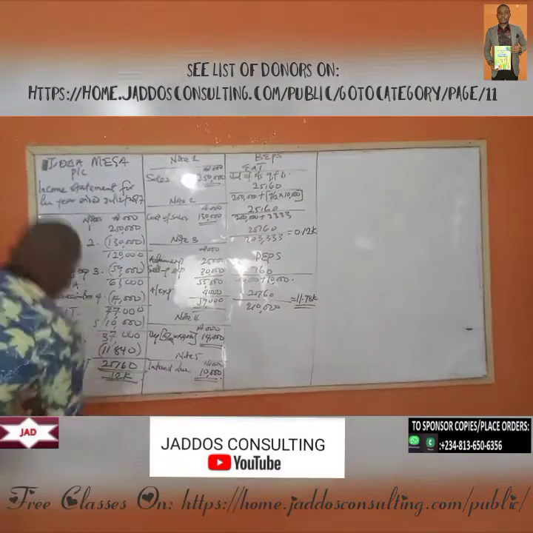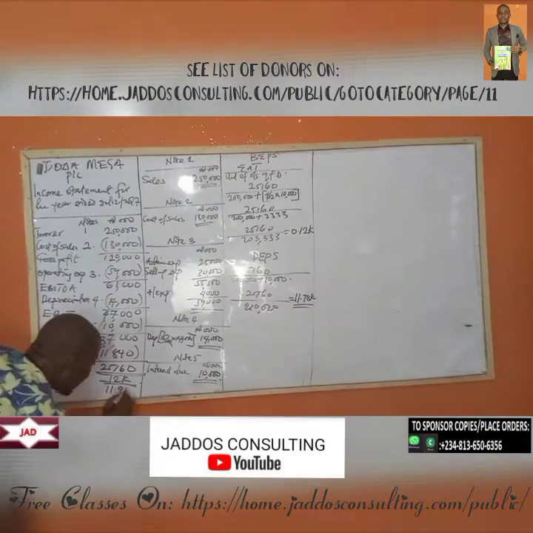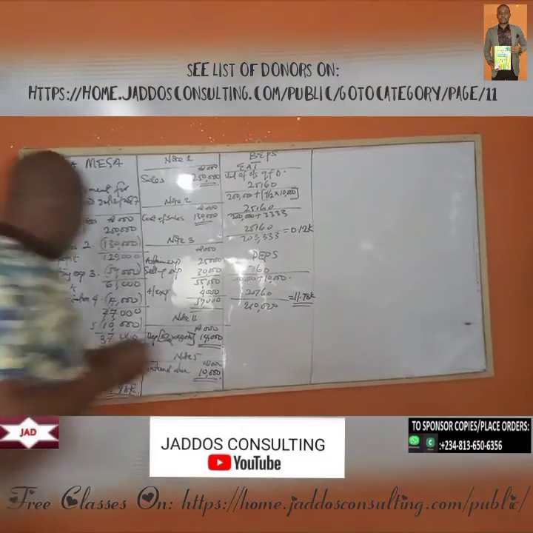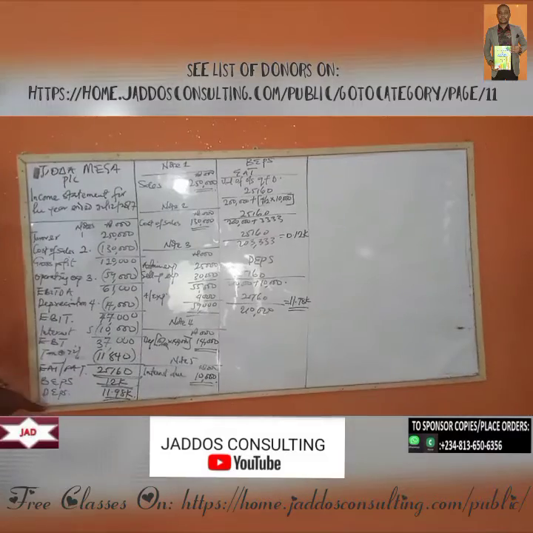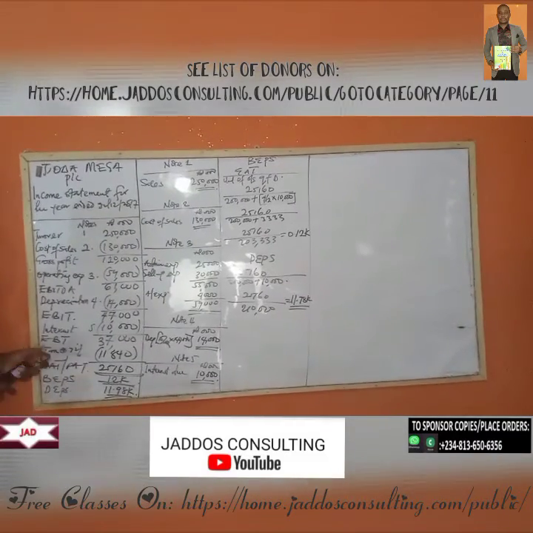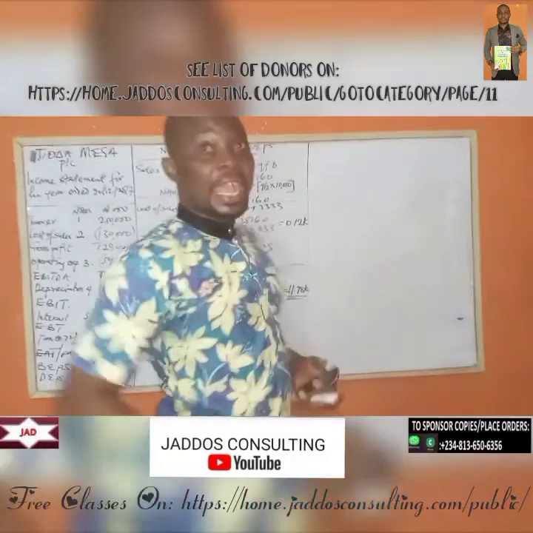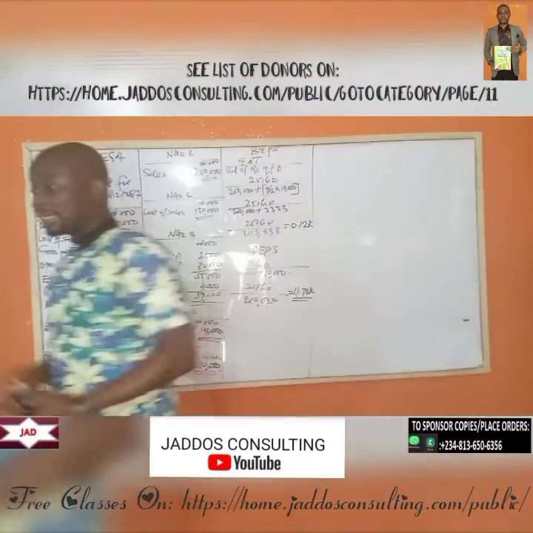So this will be 11.98 what? Kobo. Because that's your basic earnings per share and diluted earnings per share. I already taught a class on basic earnings per share and diluted earnings per share, so you should take that class.